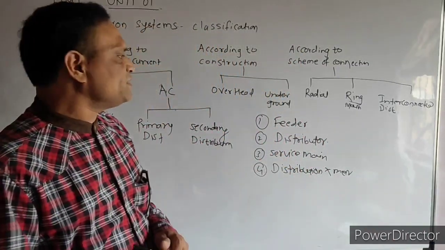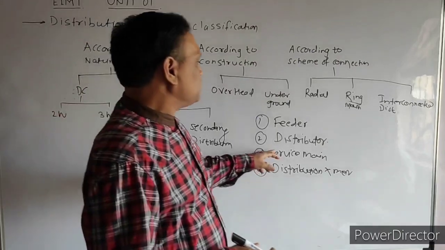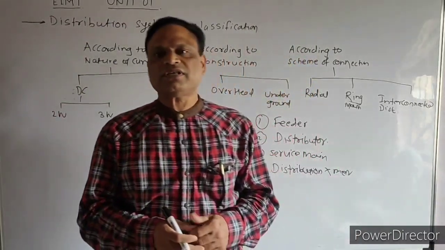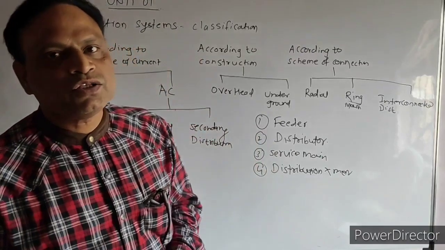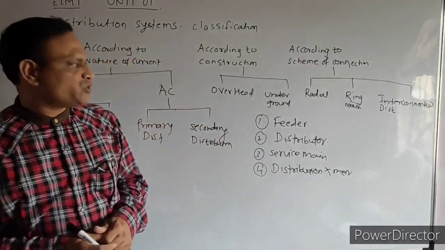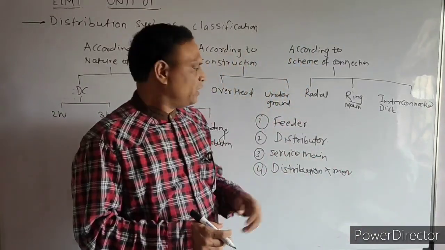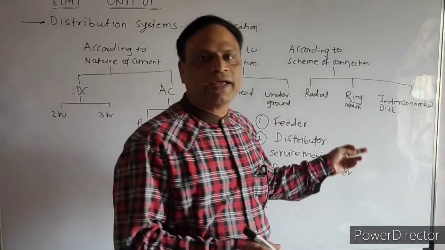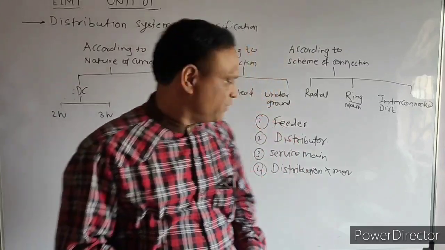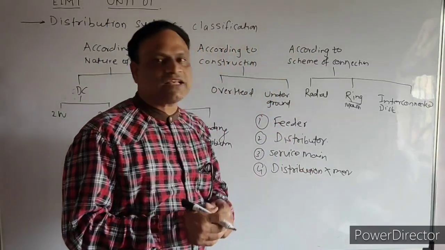Now next one is service mains. Service main is a cable which is connecting consumer to the distributor. Consumers are connected to the supply through the distributor with the help of service main. Now, what is a distribution transformer?